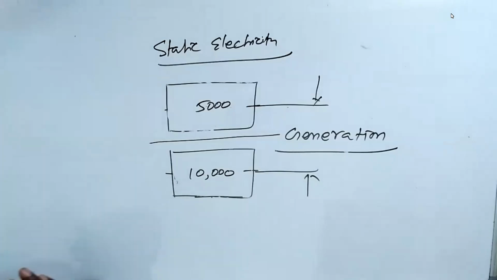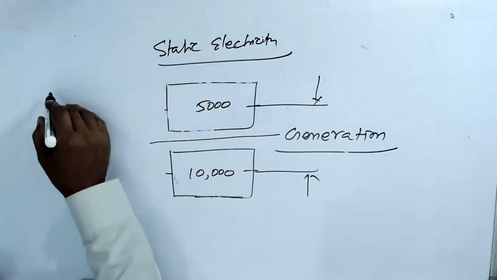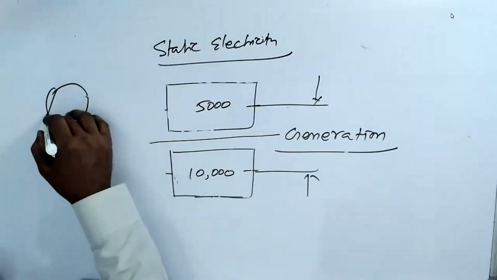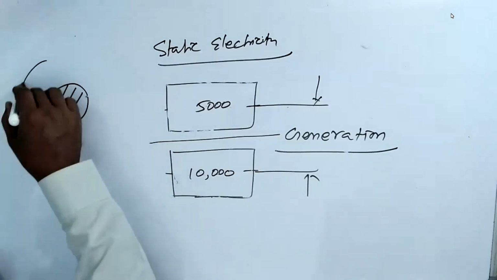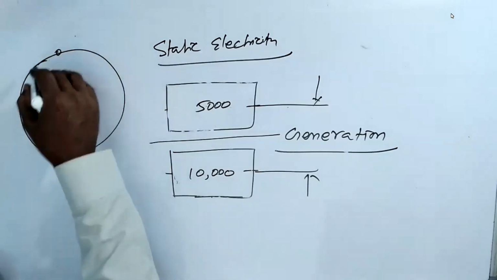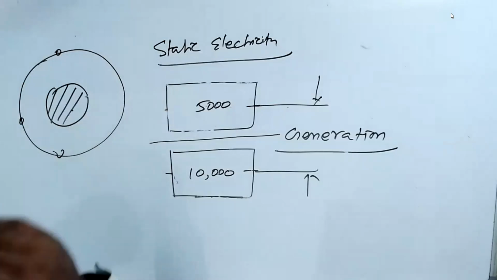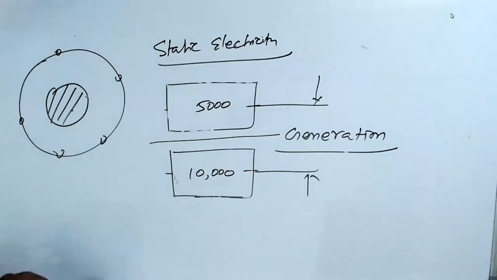When Benjamin Franklin found a thing, he said that there is a particle in the middle which is very powerful, and the particle outside. I'm talking about 400 years back. Those days, 1700, they were trying to find something from the lightning.